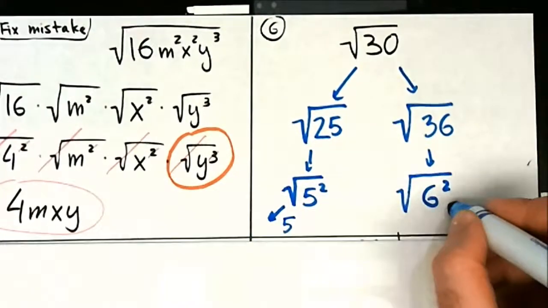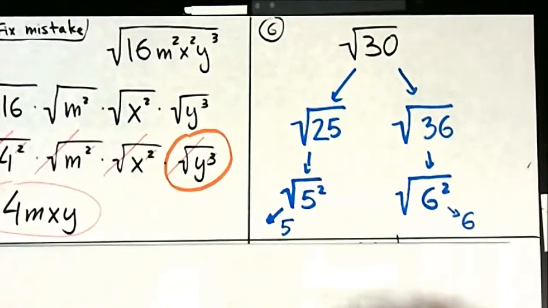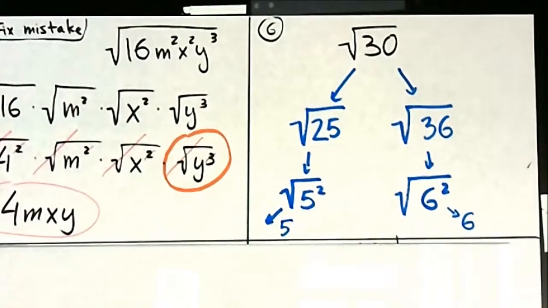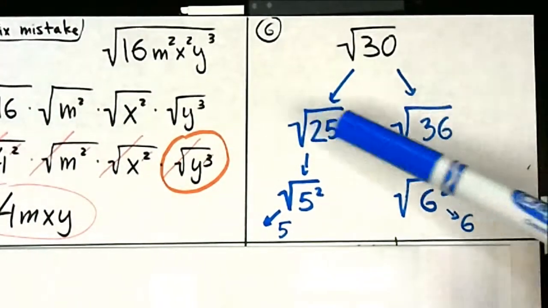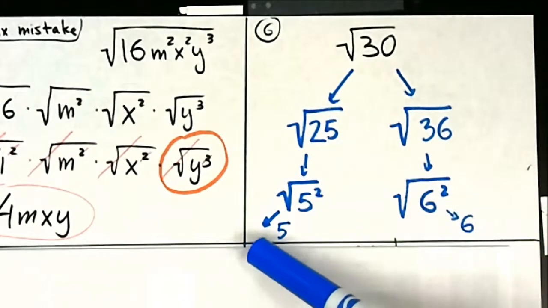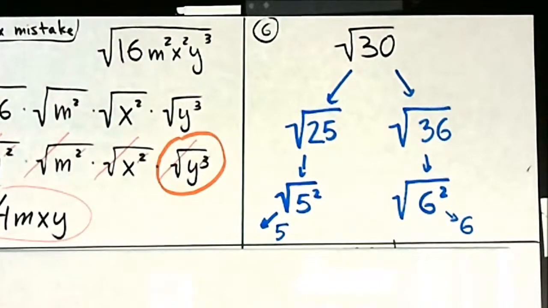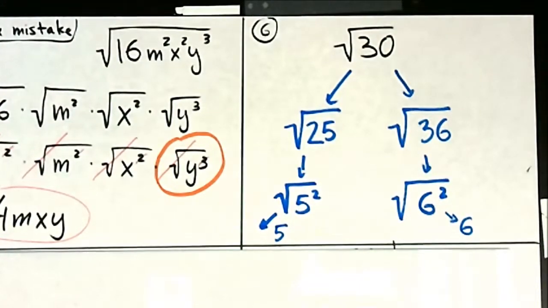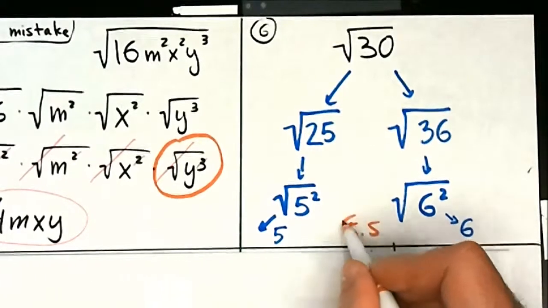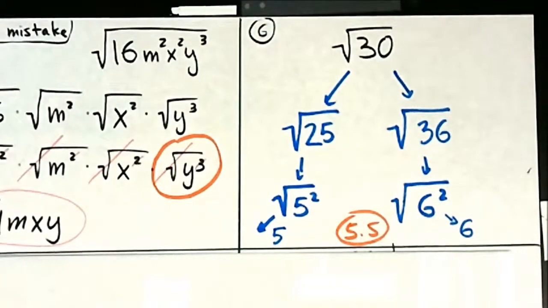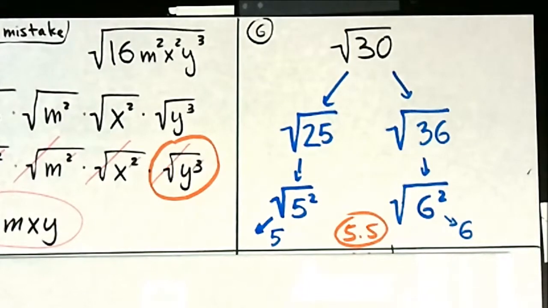Just a 5, and right there is just a 6. So what would my answer be? If 30 is between 25 and 36, and 25 gives you 5 and 36 gives you 6, so what is approximately 30's value? 5.5. Right in between the two. Questions on 6?